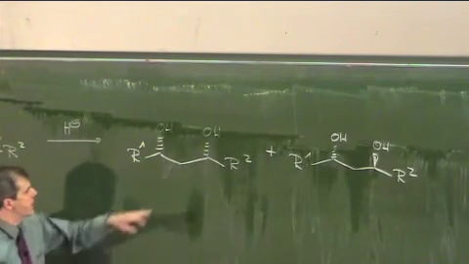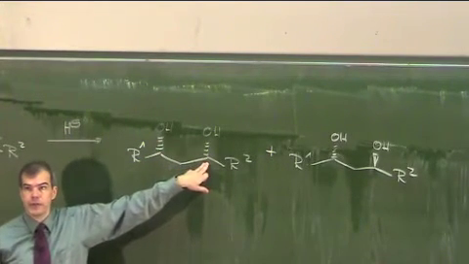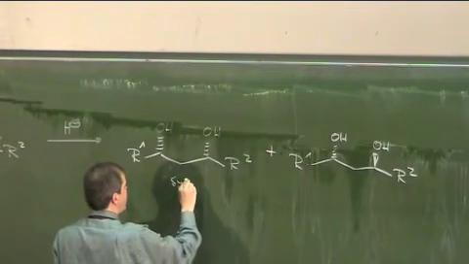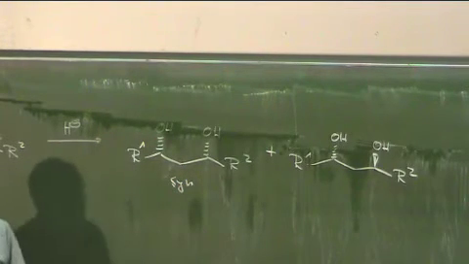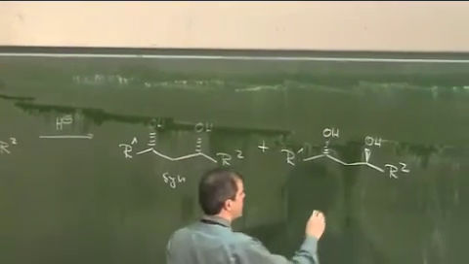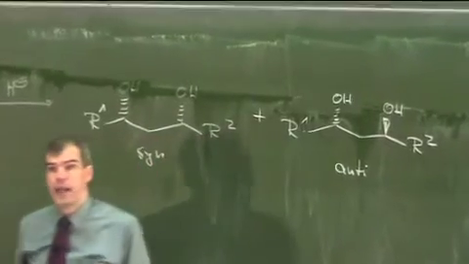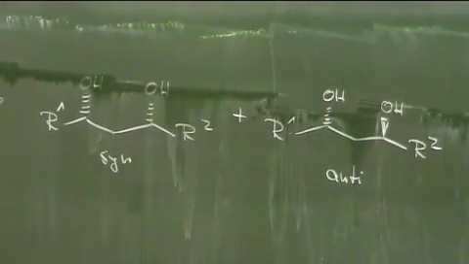You're creating a new stereocenter here, and the hydroxyl group can either be on the same side like your first hydroxyl group, so this would be the syn diastereomer, or you can create the anti-diastereomer.